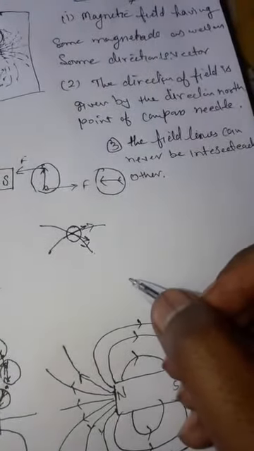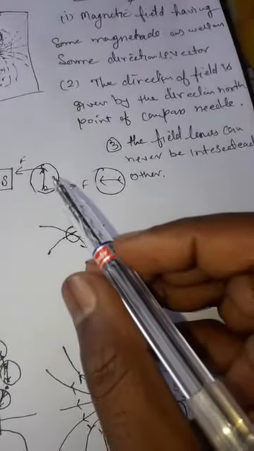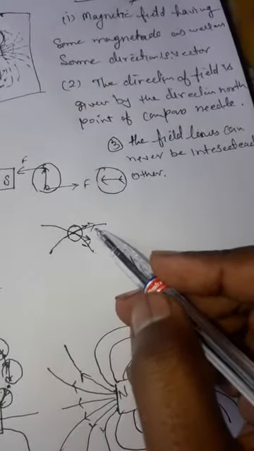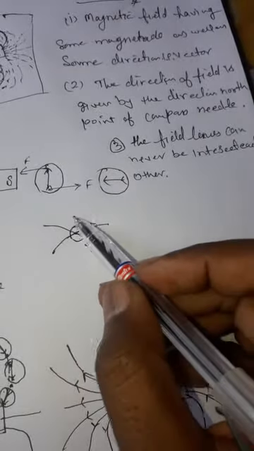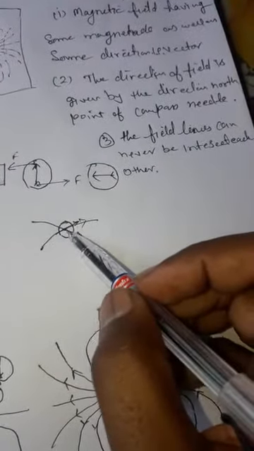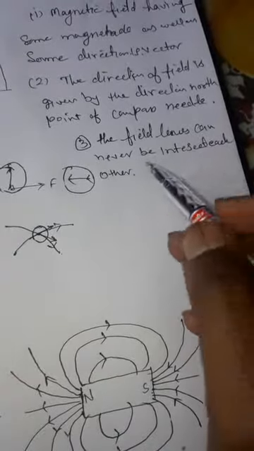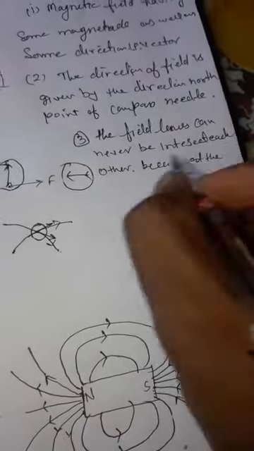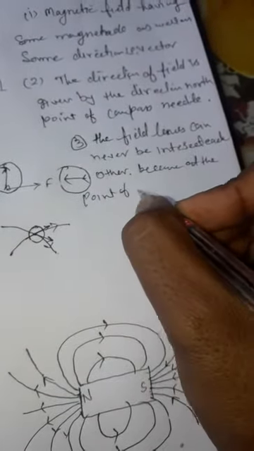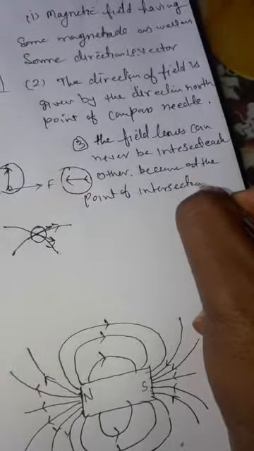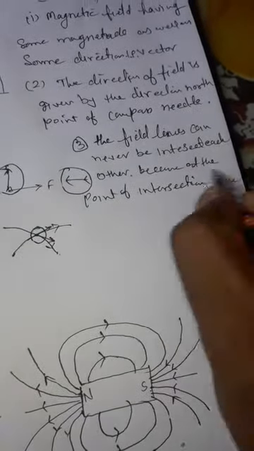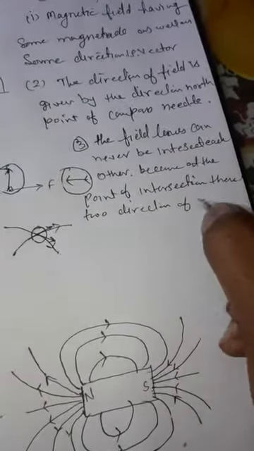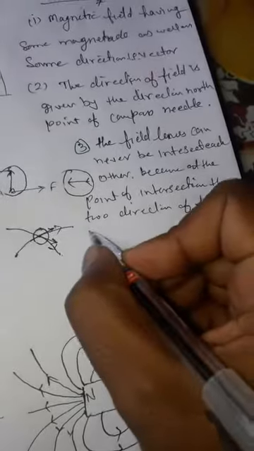But there is only one possible direction shown by the compass, because a compass needle can never point in two directions at a time. So this phenomenon is not possible. So they can never intersect each other, because at the point of intersection there would be two directions of field, which is not possible.